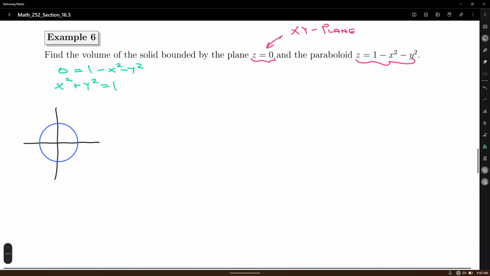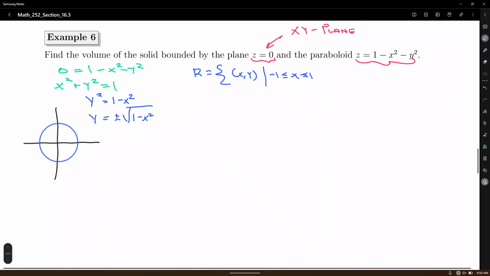So, okay, the domain of integration here, number one. If we were to solve for y right here, that would have been y squared equals 1 minus x squared. y equals plus or minus the square root of 1 minus x squared. So the domain of integration right here would be the set of (x, y) such that, okay, careful, x varies between -1 and 1.